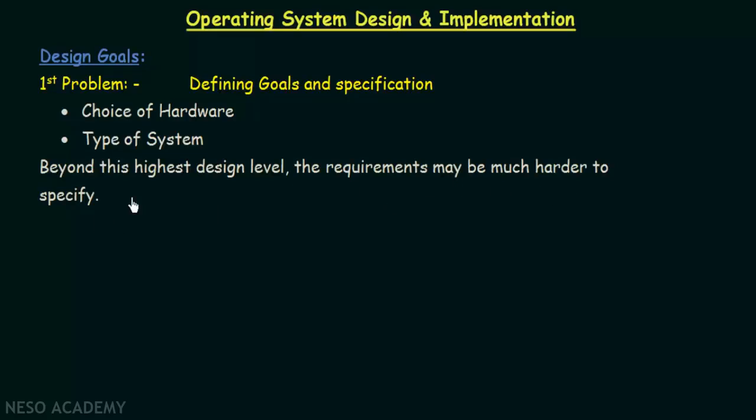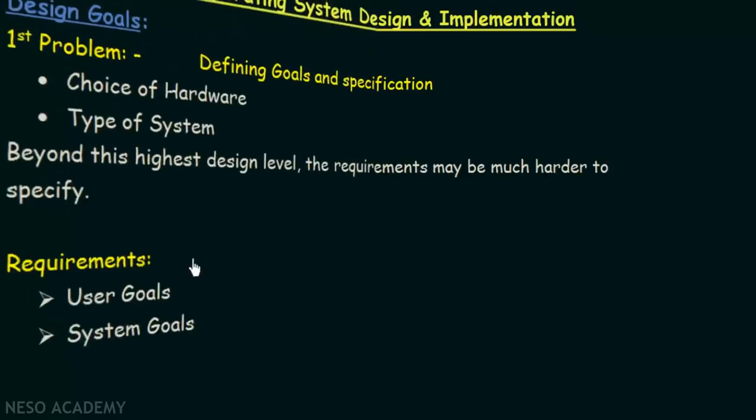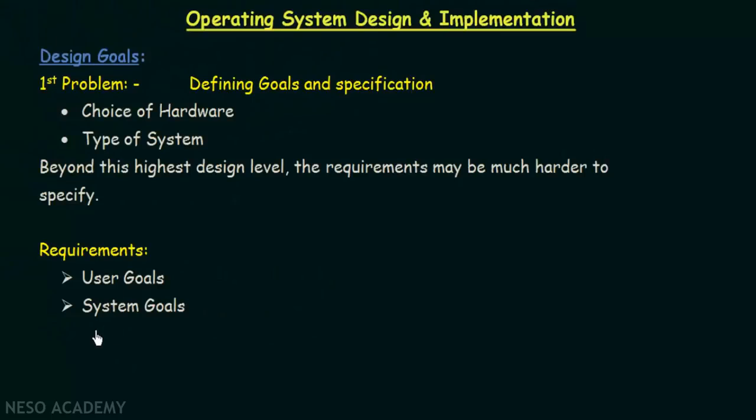Beyond this, the kind of requirements that they have may be difficult to specify, and it may be difficult to achieve all of those requirements. Now let us see what are the kinds of requirements that are there. There are requirements from the users and then there are requirements from the system. So we call them user goals and system goals.